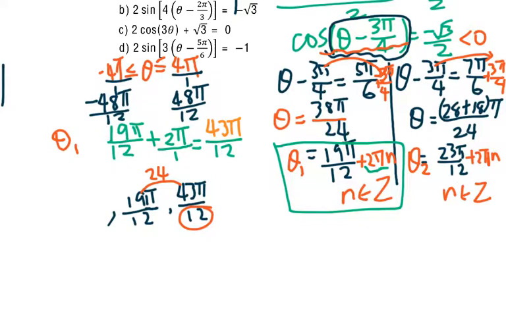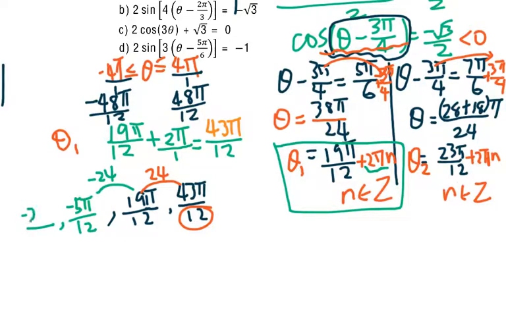Then go this side. I just need to subtract 24 from 19. So I will get negative 5 pi over 12. Then I keep subtracting 24.